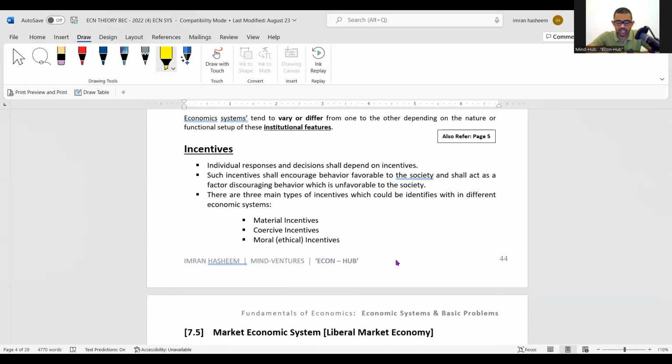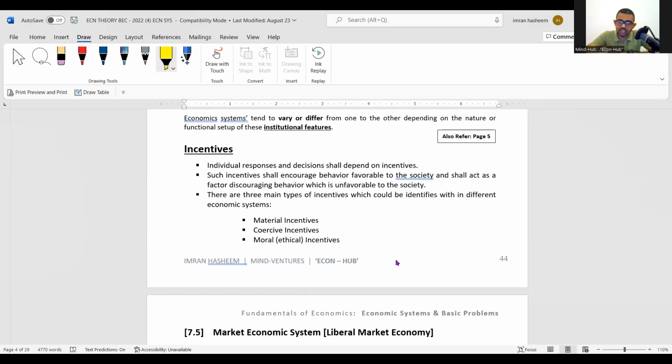Everything we do in life, every decision we make as citizens of a country, as consumers, as employees, as students, as human beings, there's something behind that decision, some kind of motivation pushing and encouraging us to do that. And there are things that discourage us from doing certain things as well.